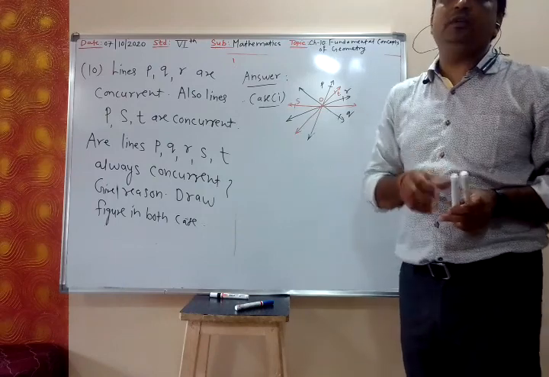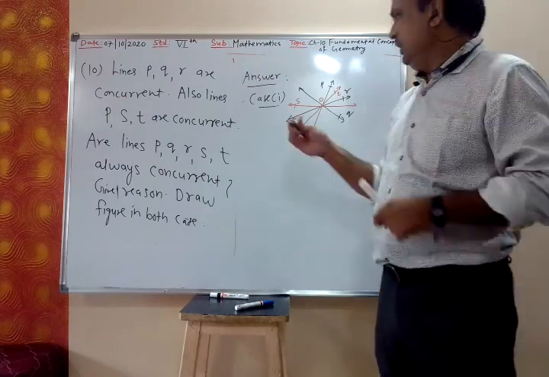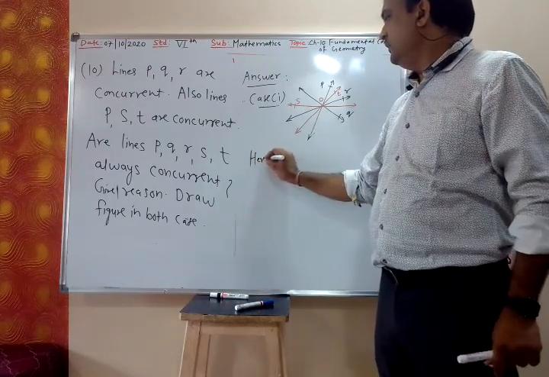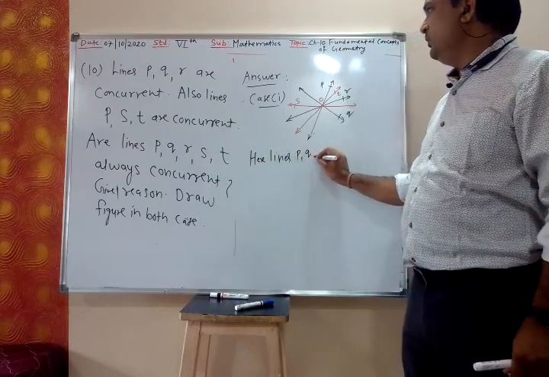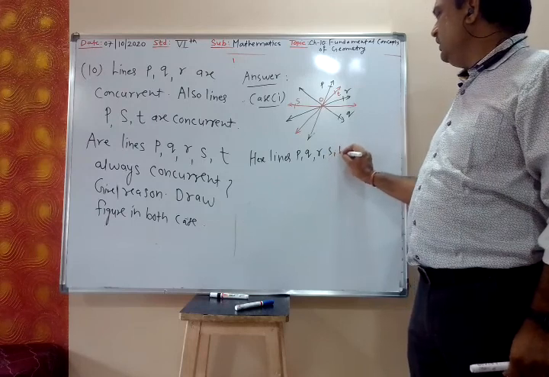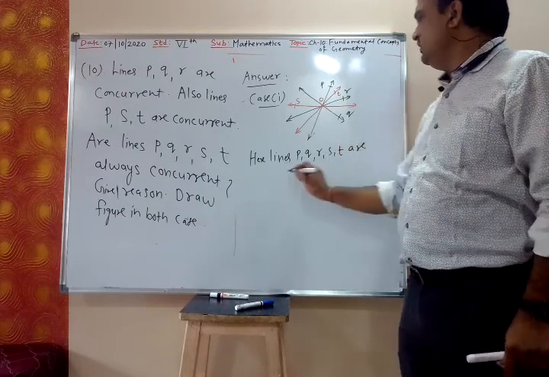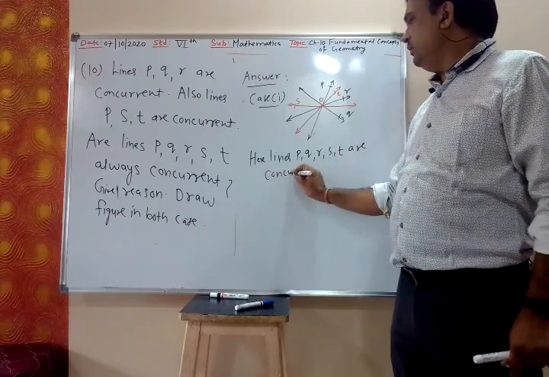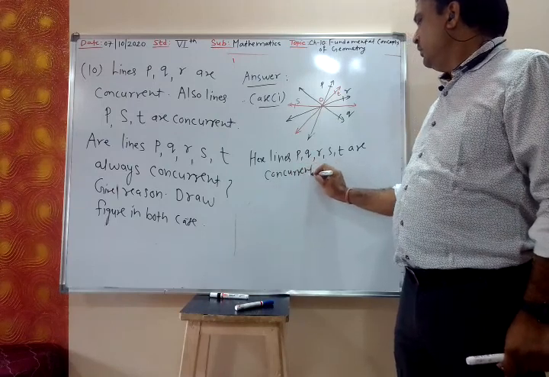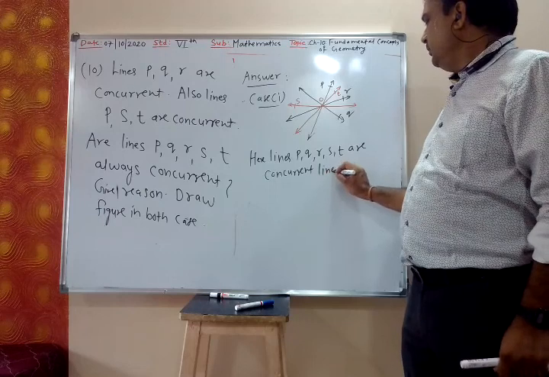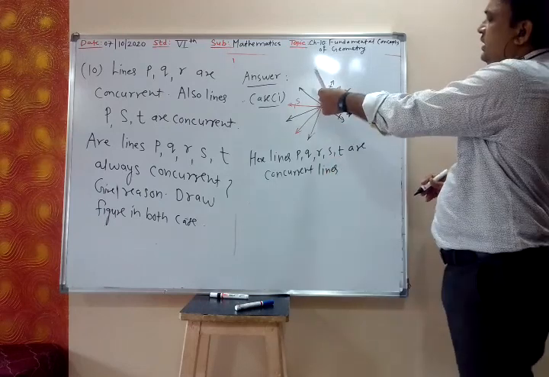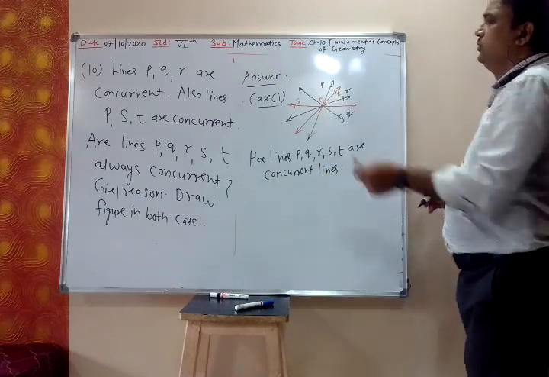So right here lines PQRST are concurrent lines. Here all the five lines are concurrent lines because they meet each other at one point O.